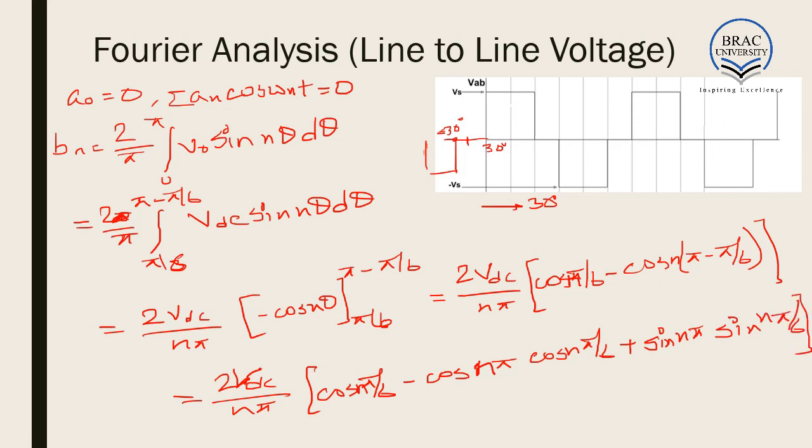Now since n is an integer, in any case sin n pi will be equal to 0, and we'll be left with just this term and this term.